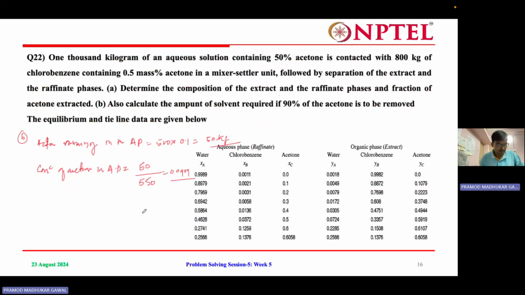So at XCR of 0.0909, we get YC, the mole fraction of C in the extract phase, from the equilibrium curve as 0.105, right?